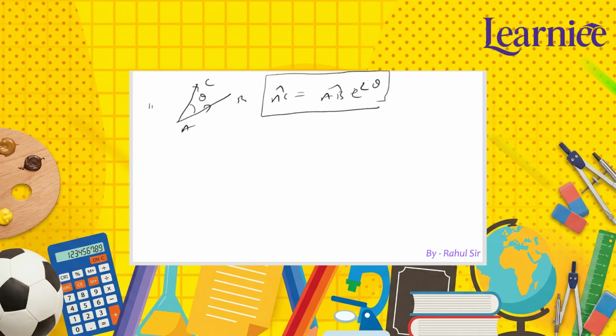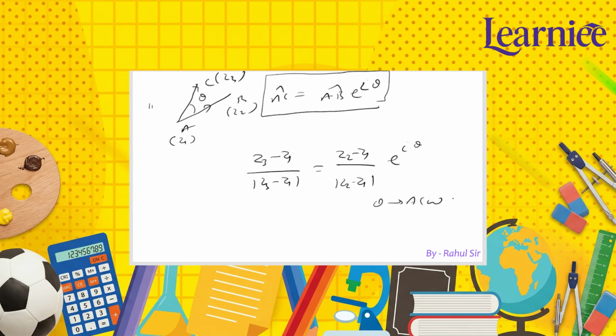In terms of complex numbers, let's say this is Z1, this is Z2, and this is Z3. I can say that Z3 minus Z1 upon modulus of Z3 minus Z1 is equal to Z2 minus Z1 upon modulus of Z2 minus Z1 times e to the power i theta. Mind that theta is rotated anti-clockwise, otherwise it will be negative.